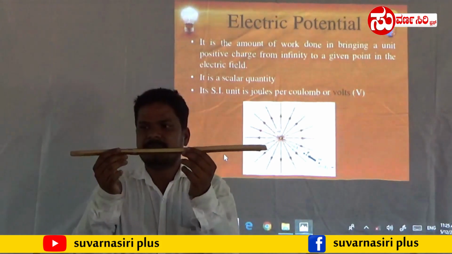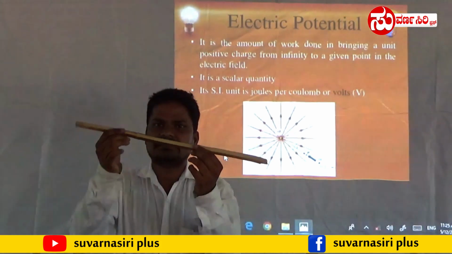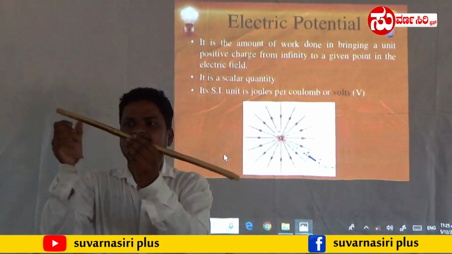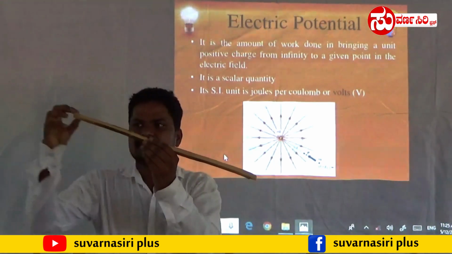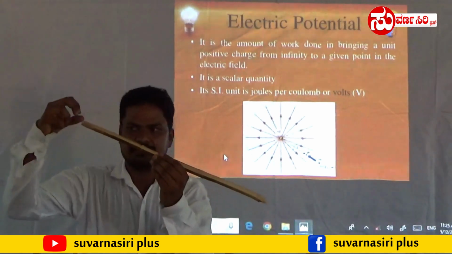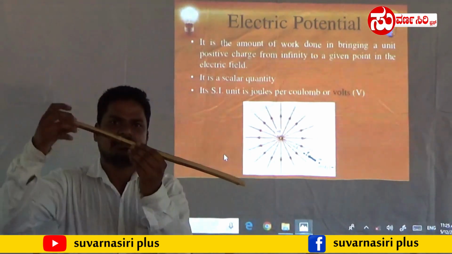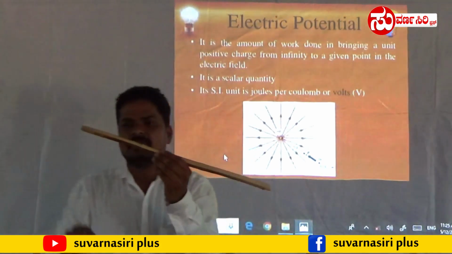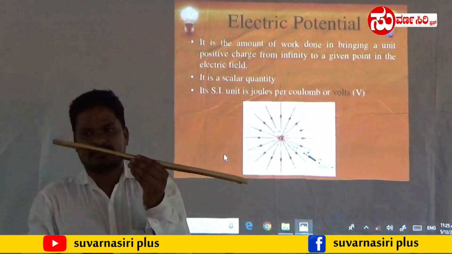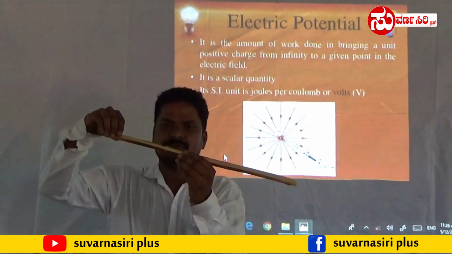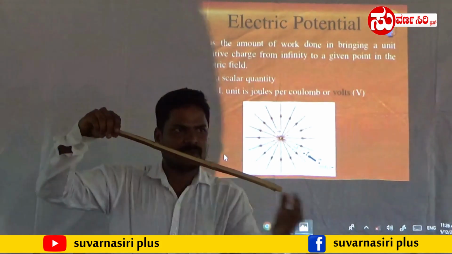If I make one end of the pipe upside and one end downside, there is a level difference. The water particles put pressure, and the remaining particles move. This is how the potential difference occurs. Due to that pressure, the water molecules are moving.